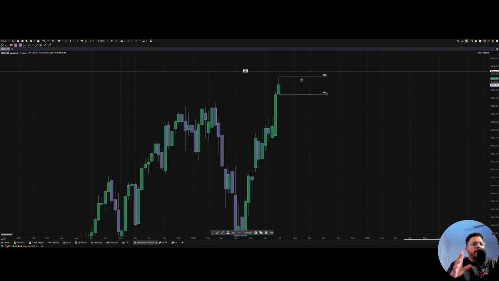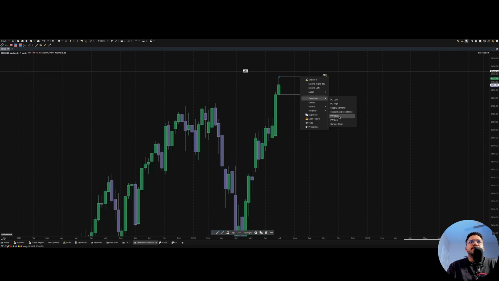So right now we are on the weekly chart. Simple. I only look for two levels here. I look at the previous week high, previous week low. Those are two levels that I like plotting on my chart. And the simple reason is because it can kind of tell you which direction the rest of the week is going to be.